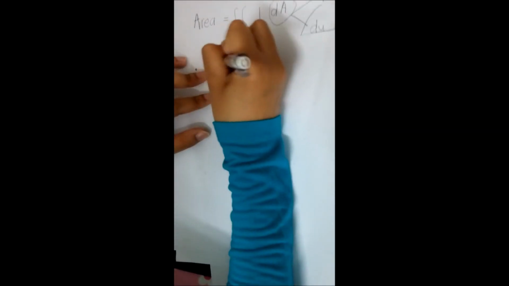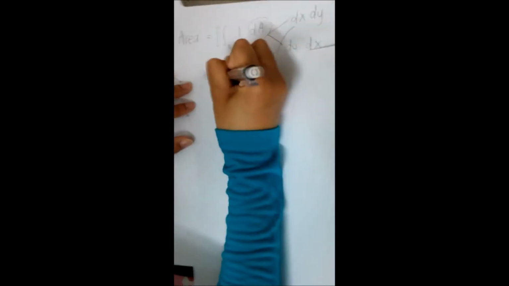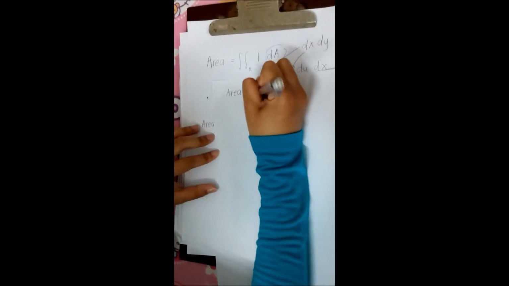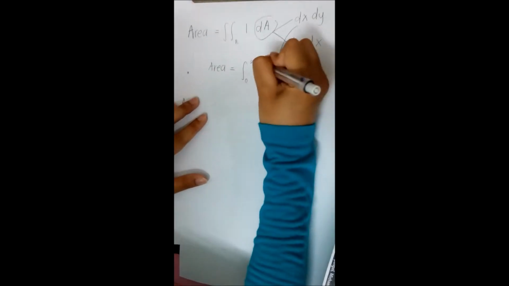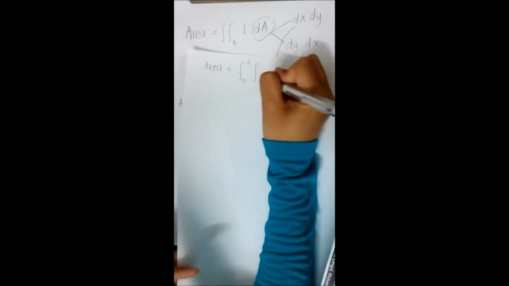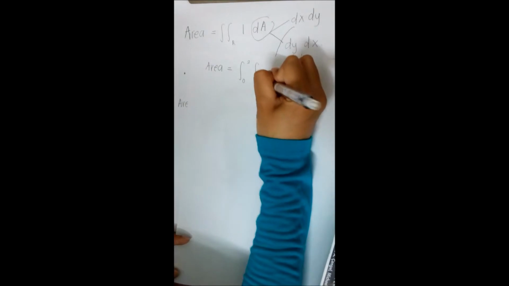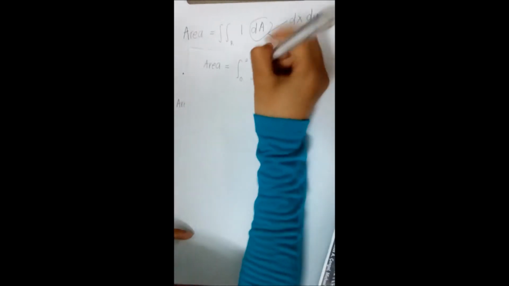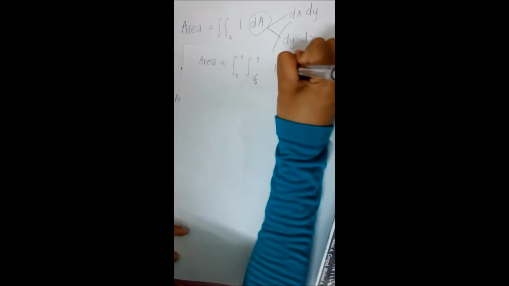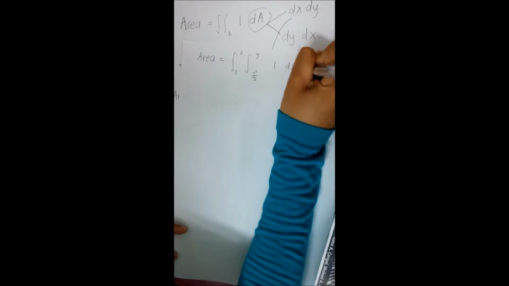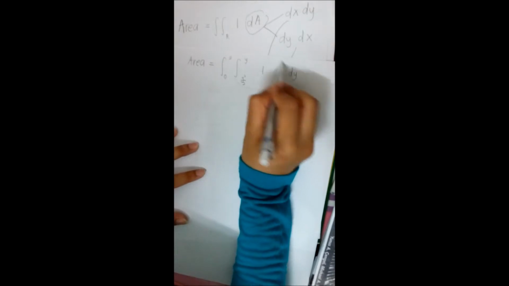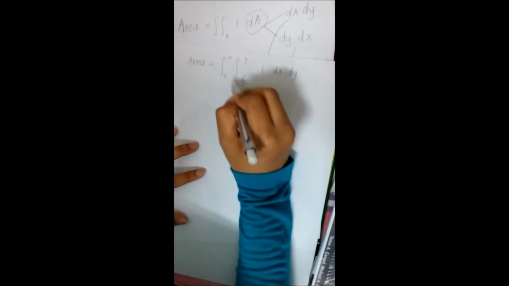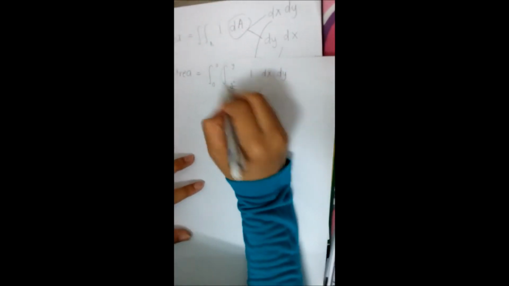I simply write it back: the integral from 0 to 2 of the integral from y squared over 2 to y of 1 dx dy. First of all, we have to solve the inner one first.